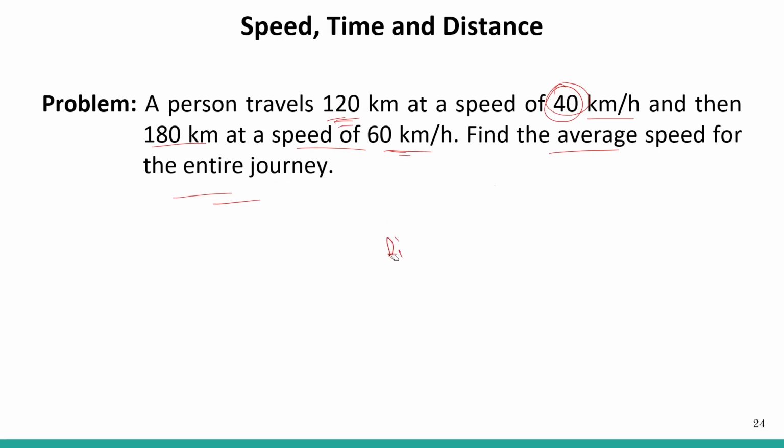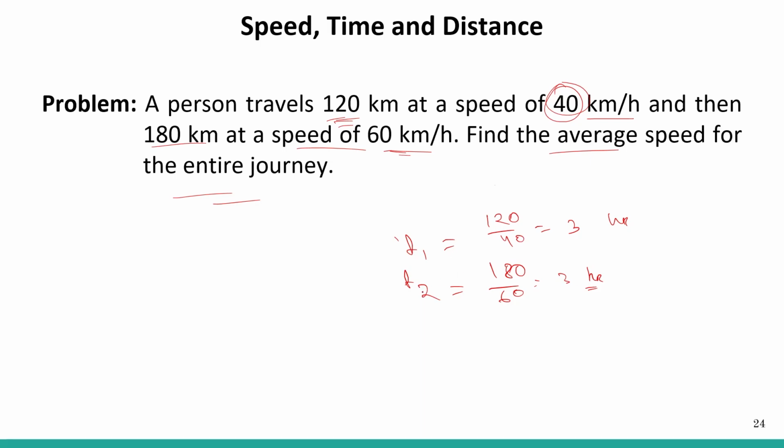So t1 is the first part of the travel. t1 will be distance, that is 120 by 40, which is equal to 3 hours. So t2 will be 180 by 60, which is also 3 hours.